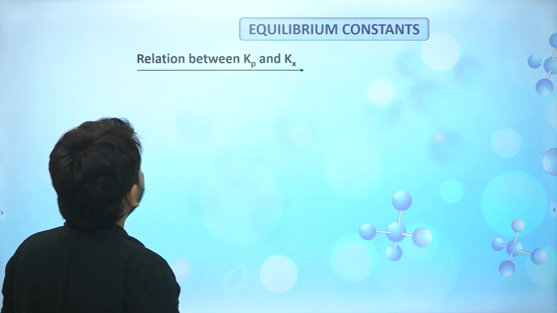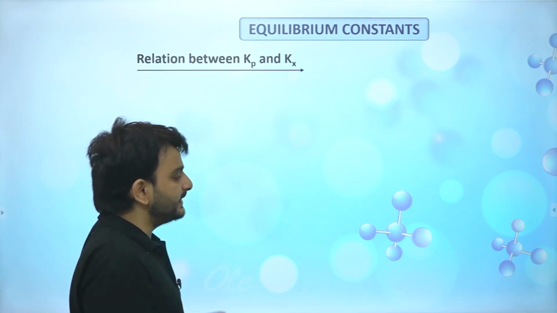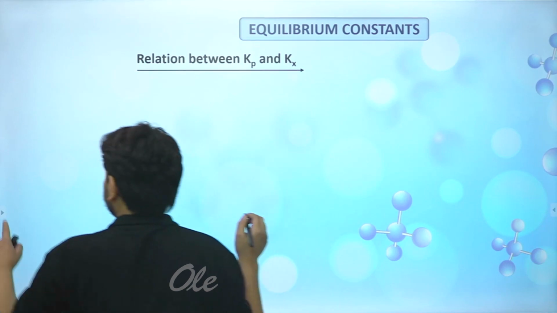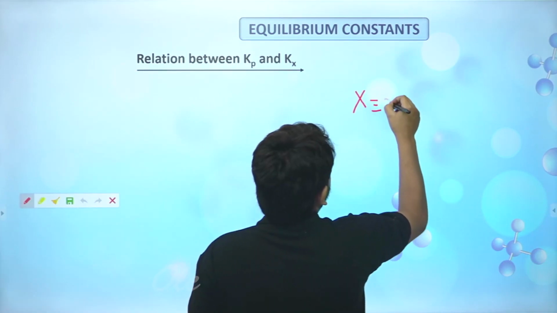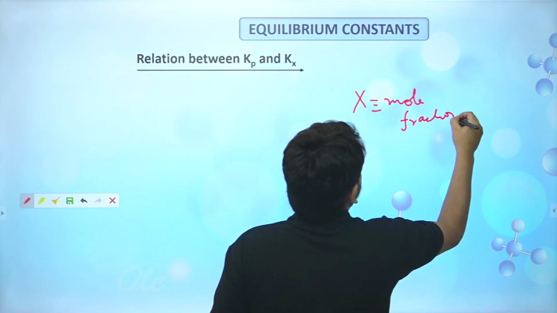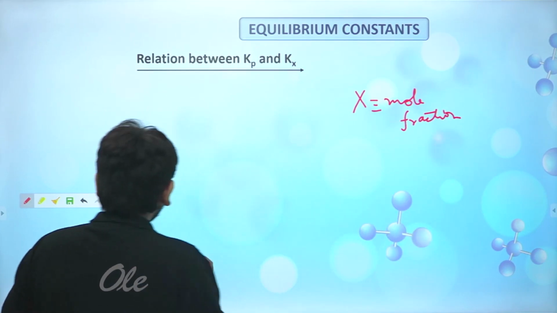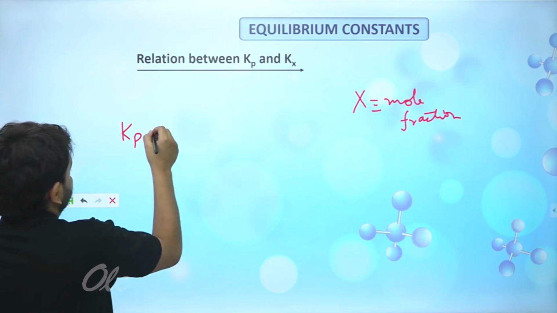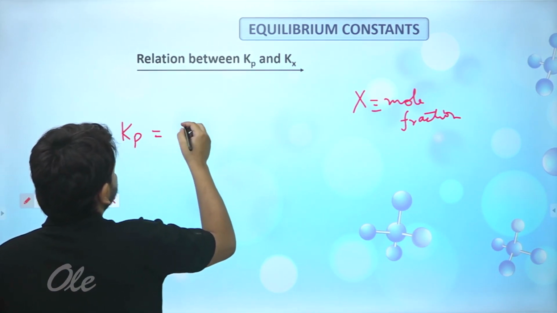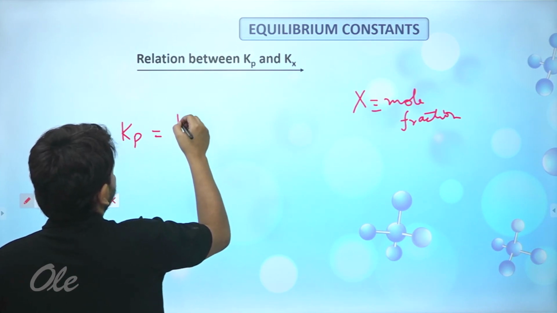The next thing that we'll talk about is the relation between Kp and Kx. What they mean by x is the mole fraction. Kp, if you remember, was in terms of partial pressure.